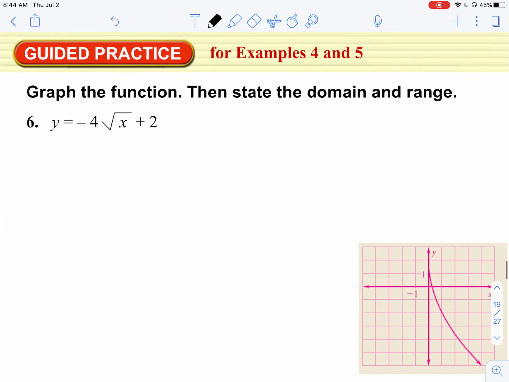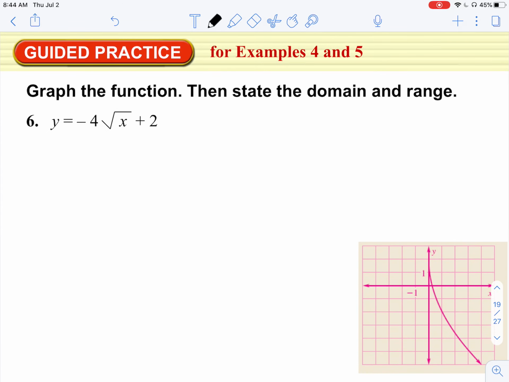All right, and then we just have some guided practice, just 2 problems. I'm going to write out the answers though. The graph you can see below. My domain is going to be everything greater than 0 because I don't move left or right.